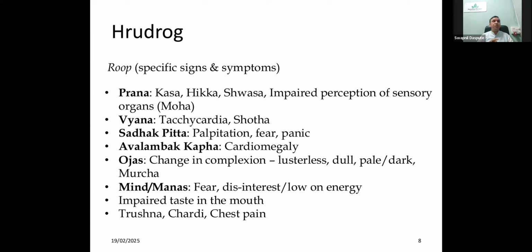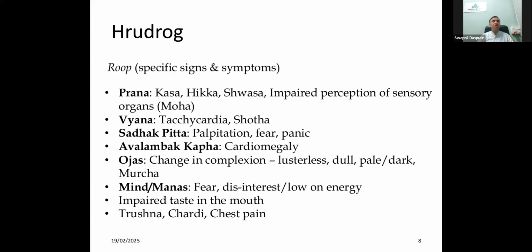Rupa stage. So, abnormality in functioning of pranavayu. What are the signs and symptoms which are seen? Kasa, hikka, shwasa. We know all these have similarity in origin, similarity in pathogenesis, and are related to pranavayu.